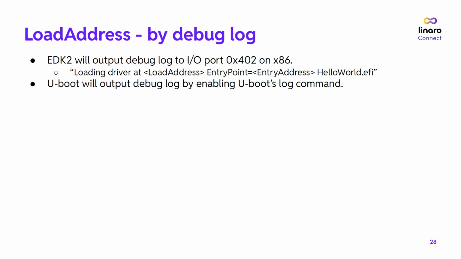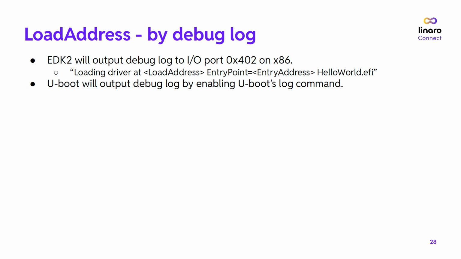If you read the EDK2 documentation, you will know that on x86, EDK2 will have a debug output on a special I/O port, like "loading driver at the load address" for hello world.efi. Then you can get the load address. For U-Boot, if you turn on some verbose output somewhere, then you can get the address too.